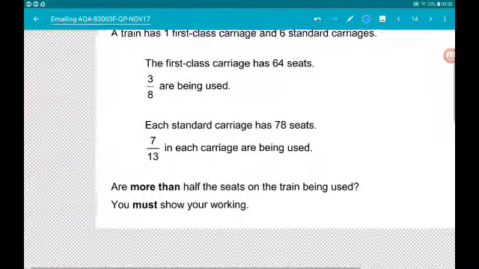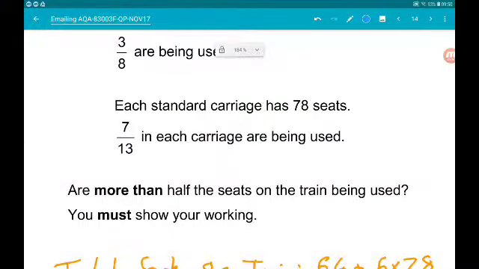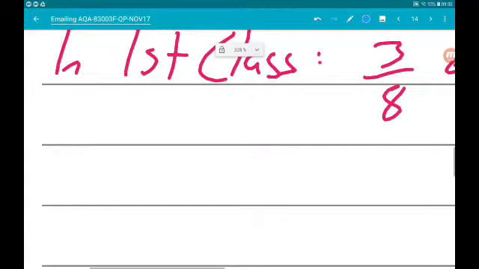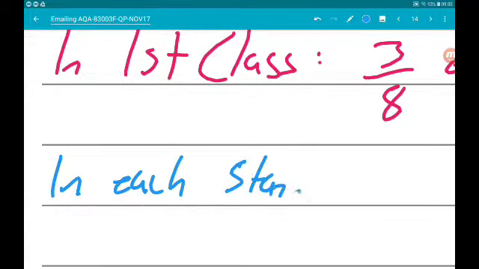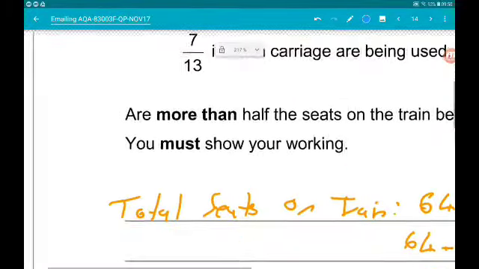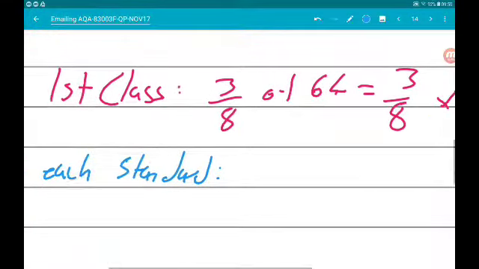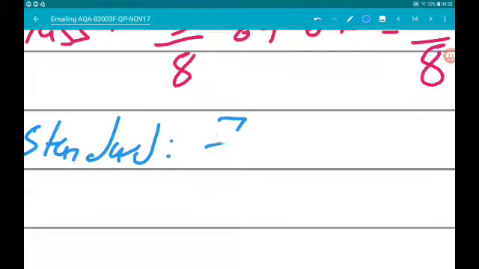Okay, then in each standard carriage, 7/13 of 78 are being used. So in each standard, we've got 7/13 of 78. So we want to do 7/13 times 78.